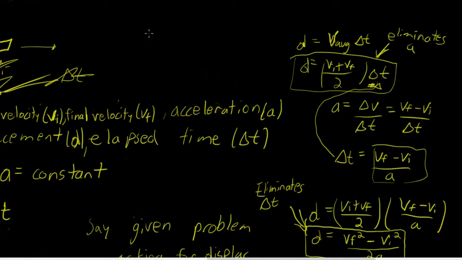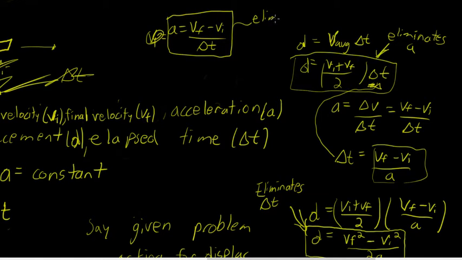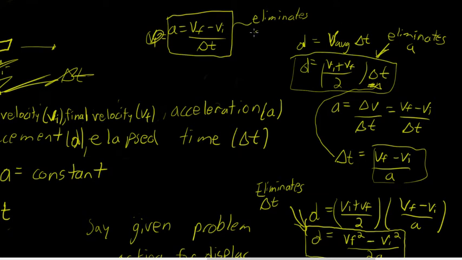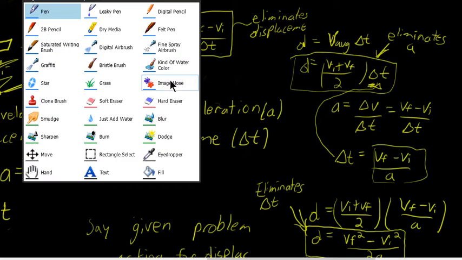So we can say acceleration equals final velocity minus initial velocity over elapsed time. We can say this eliminates displacement, or I'll just say eliminates D.